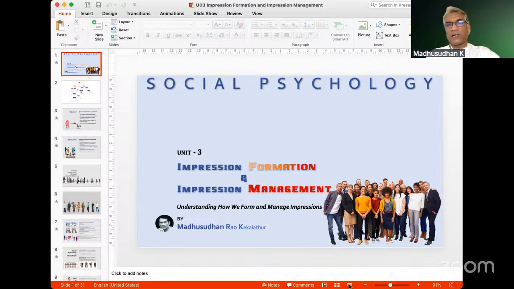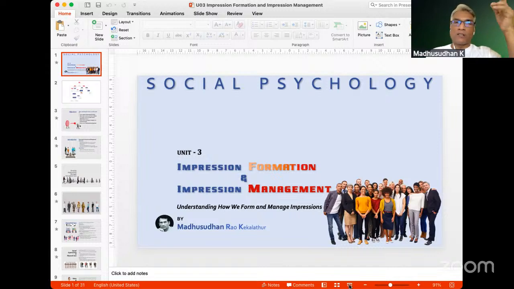So now, what is impression formation? Let us define it. Impression formation is the process of forming opinion or belief about others. It is given by Hull and Gunnery in 2011 somewhere. They have done extensive research on impression formation and how to manage ourselves when we present in social settings, different environments.